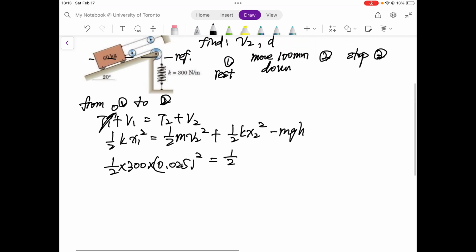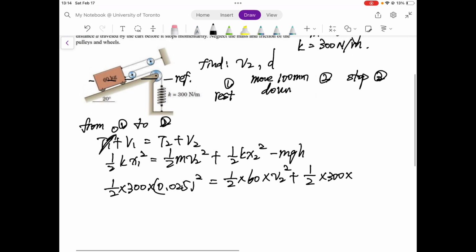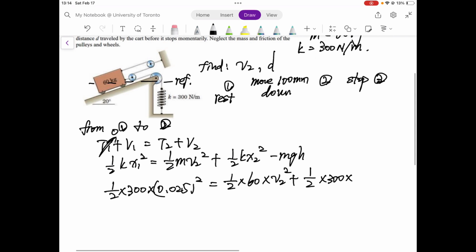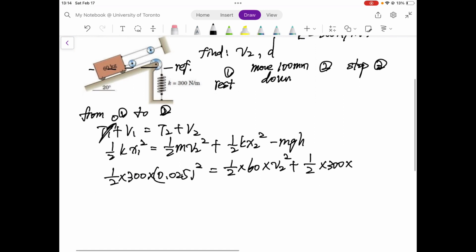What we need to find is x2, so 1 over 2 times 60 times v2 squared, plus 1 over 2 times 300 times x2 squared. If you take a look at this pulley system, you will see that there are 3 strands that actually affect the motion of the cart. So the stretch on the spring is equal to 3 times the displacement of the cart.